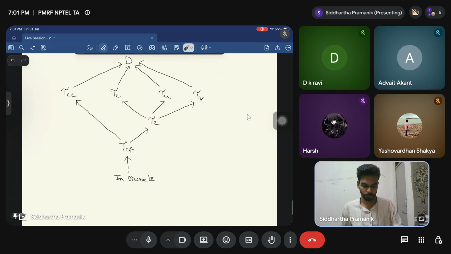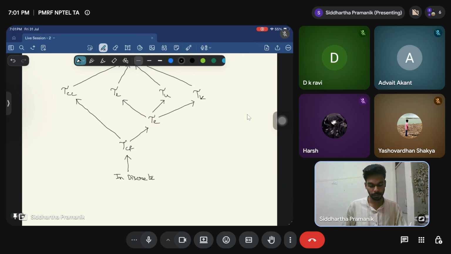It is useful because in many questions they give these topologies and ask which is smaller than the other one or the other way. Okay, any questions?